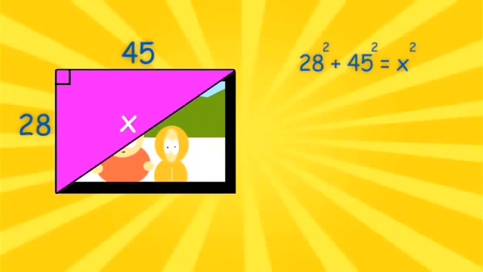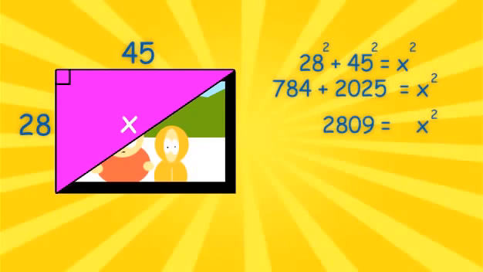So I'll write 28 squared plus 45 squared equals x squared. 28 squared is 784. 45 squared is 2025. 784 plus 2025 equals 2809. Now we can square root both sides of the equation and x equals 53. Now John can advertise his 53-inch TV on Craigslist.